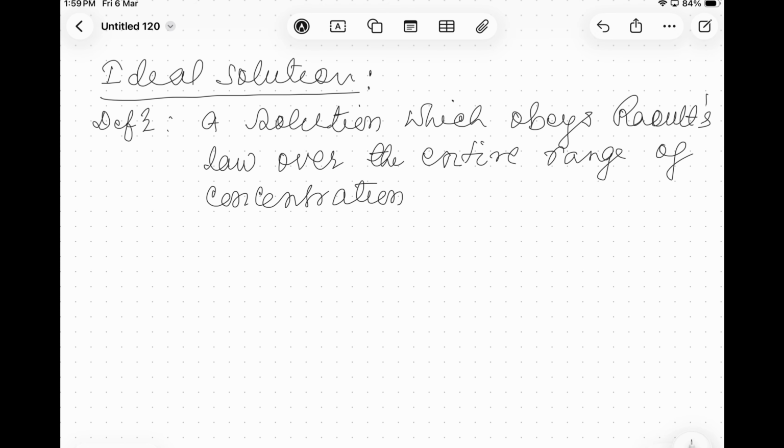Entire range of concentration. Such solution is known as ideal solution.